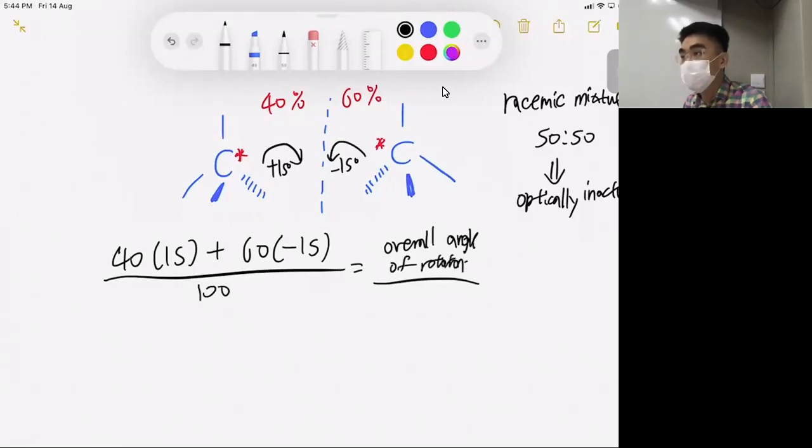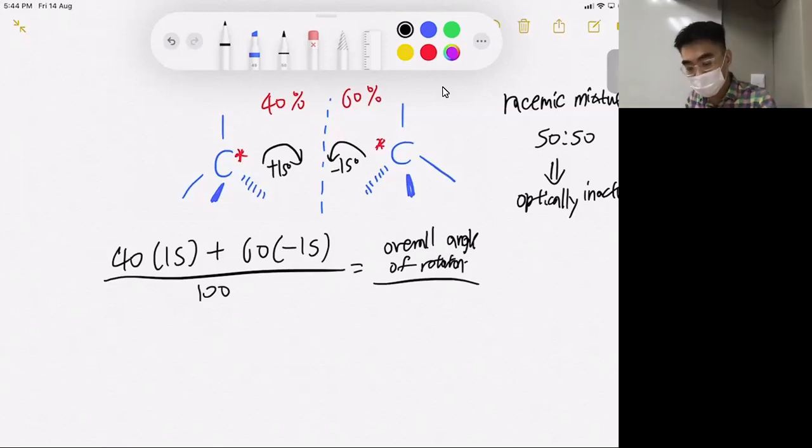You get what I'm trying to say? If you do the maths by observation, you will notice that this will surely come out with a negative number. Why? Because you have a higher percentage of the negative rotation, or anti-clockwise rotation, optical isomer. So we can ask you something like that.